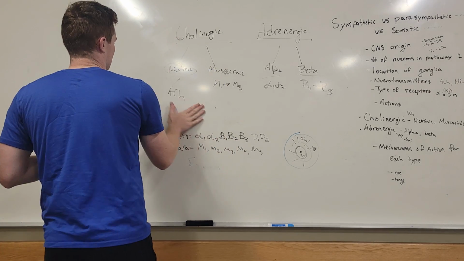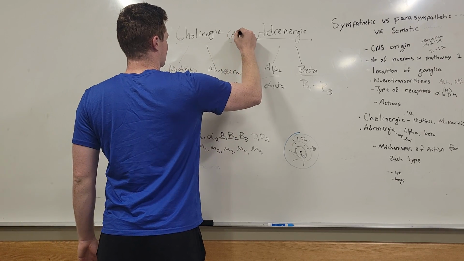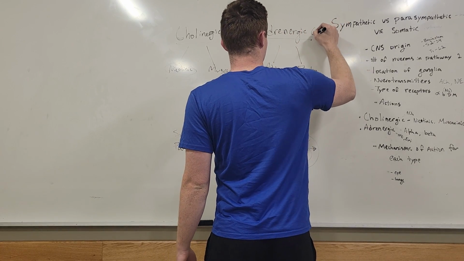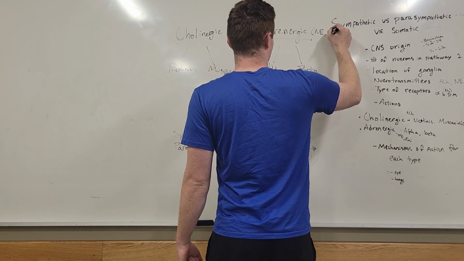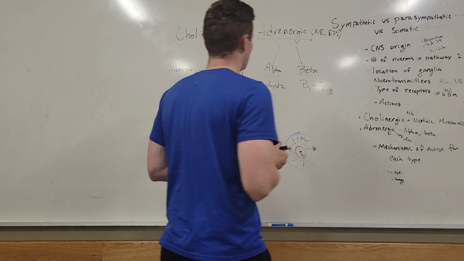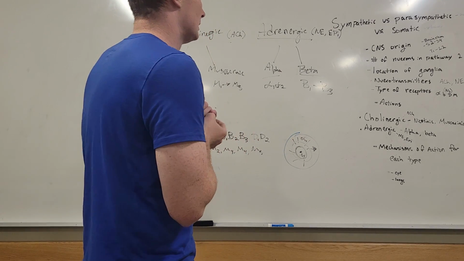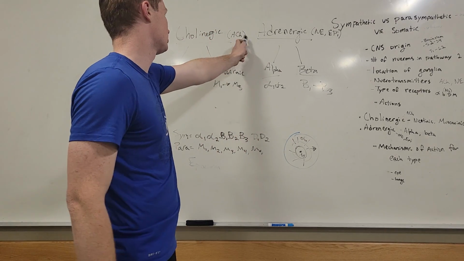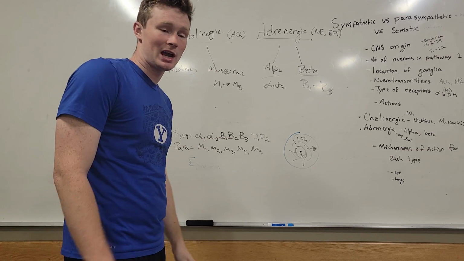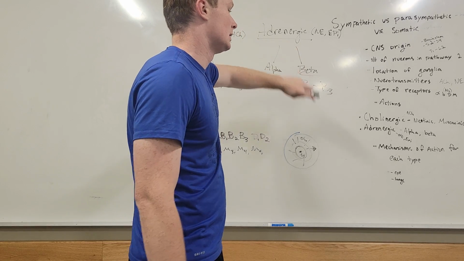This is up here, we're just ACH, and then this is norepinephrine and epinephrine, epi. Okay, so those are the two neurotransmitters, I would say. There's a neurotransmitter that opens the nicotinic, which is a ligand gated channel, and then these connect to alphas and betas.